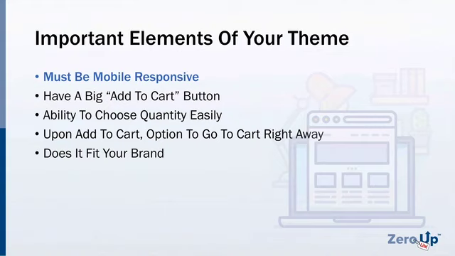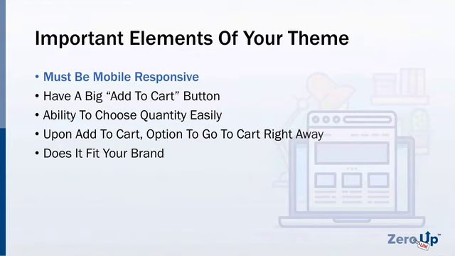Second thing is you have to have a big add to cart button. Your add to cart button cannot be small or be hidden somewhere, because it is the first step that your customer needs to take in order to add the product to cart and then go through the checkout process. So make sure you have a big add to cart button.